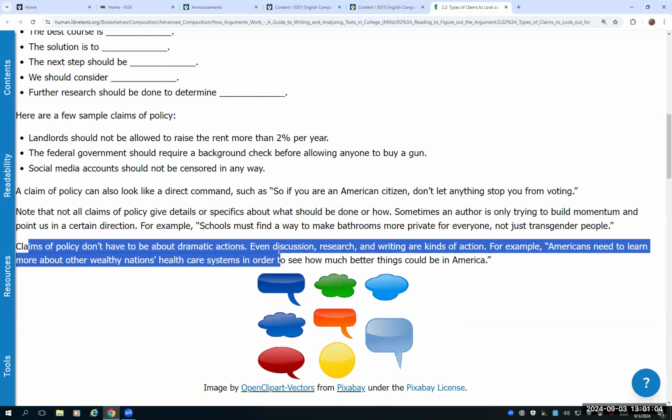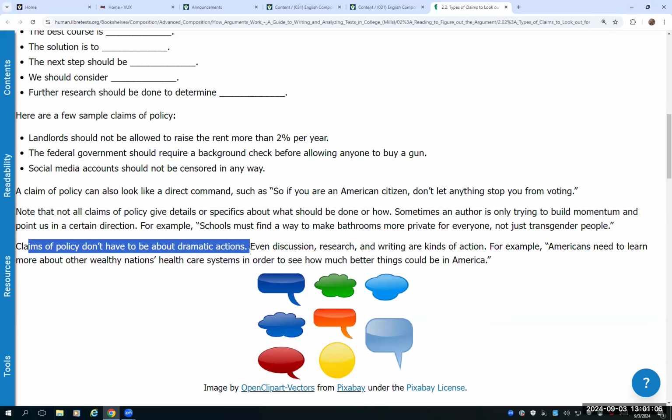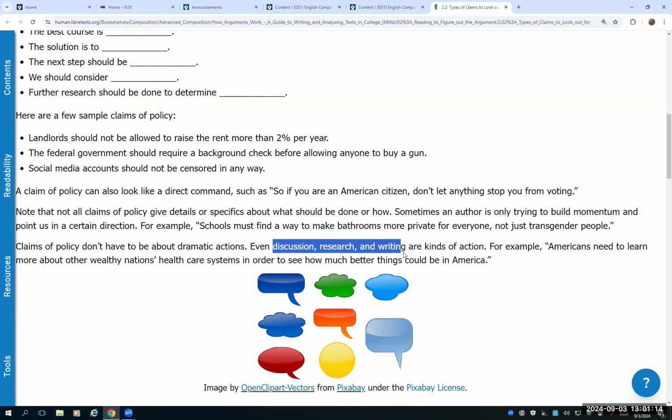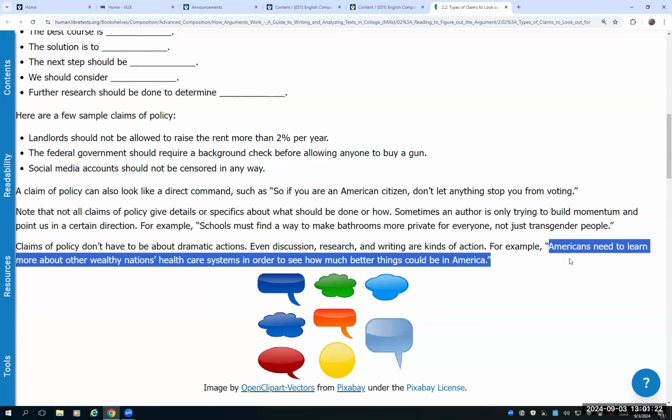Claims of policy don't have to be about dramatic actions. Just asking the reader to discuss or research or write about whatever issue you're writing about is a kind of action. So for example, Americans need to learn more about other wealthy nations' healthcare systems in order to see how much better things could be in America.